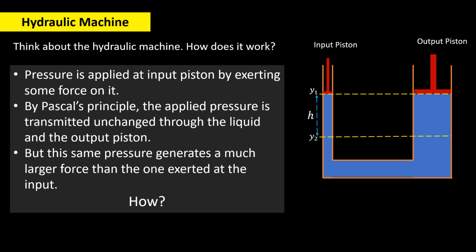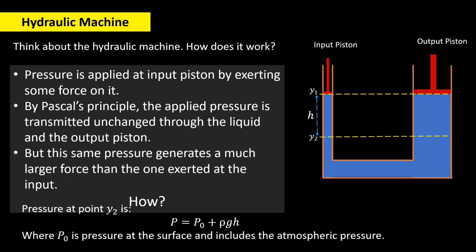But this same pressure generates a much larger force than the one exerted at the input. What does this mean? How can we generate a larger force by applying a smaller force at the input, yet the same pressure is transmitted? So that's what we are going to get right now.